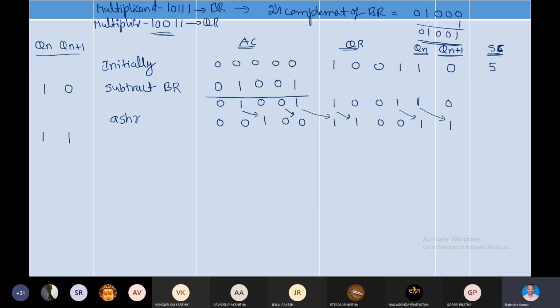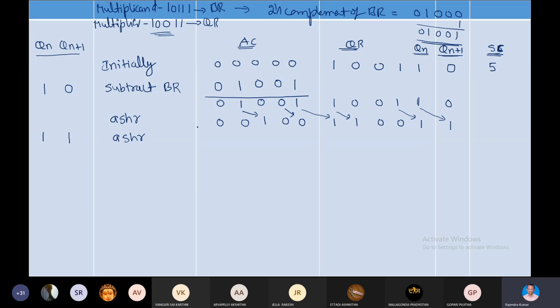We won't perform addition, we won't perform subtraction. Just we will do arithmetic shift right. If Qn and Qn plus 1 are equal, we perform just arithmetic shift right.